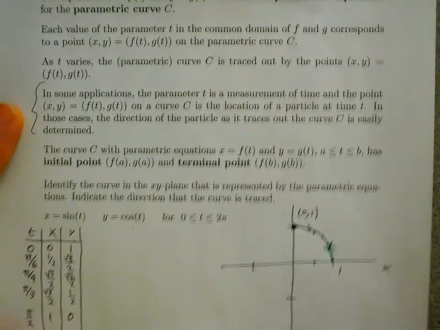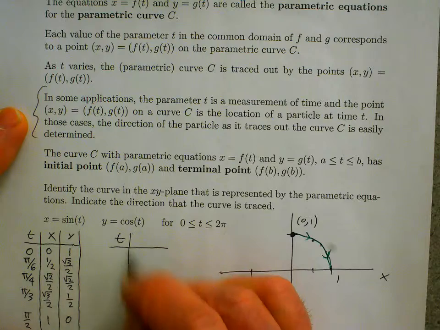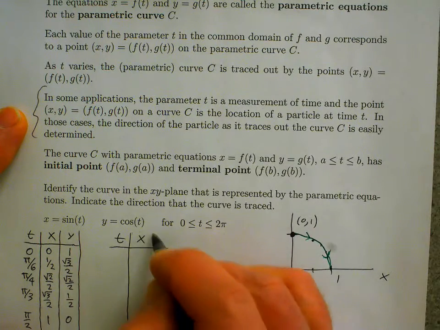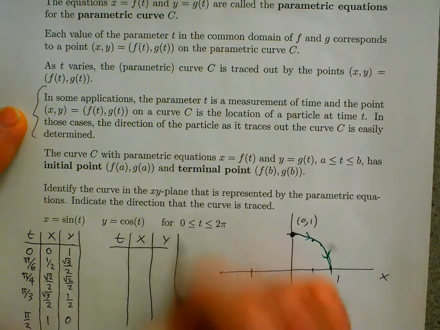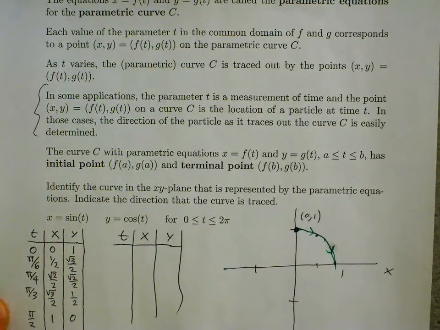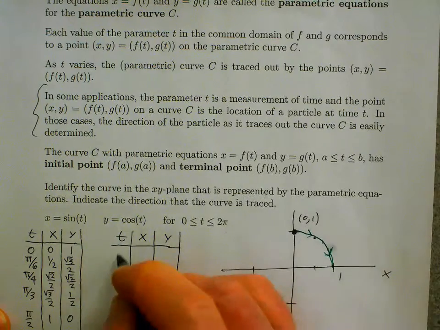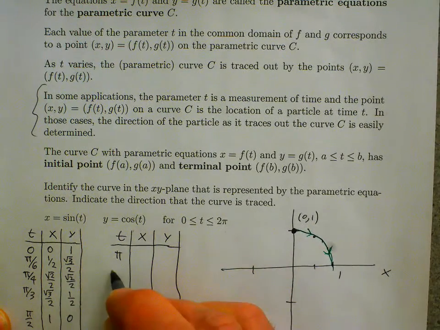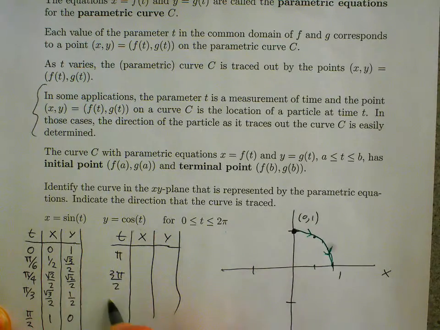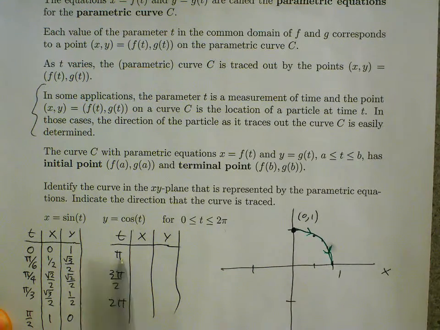So I'll just list a few more t-values, not the whole list. After pi over 2, we could pick, let's just jump to pi, and then 3 pi over 2 and 2 pi. So when t is pi, sine of pi is 0.